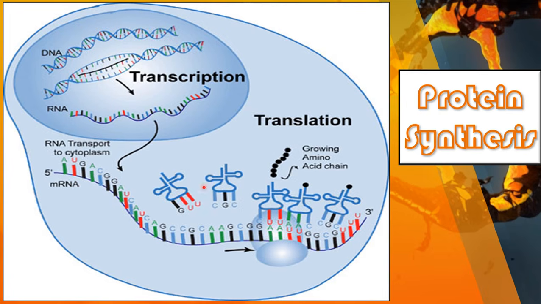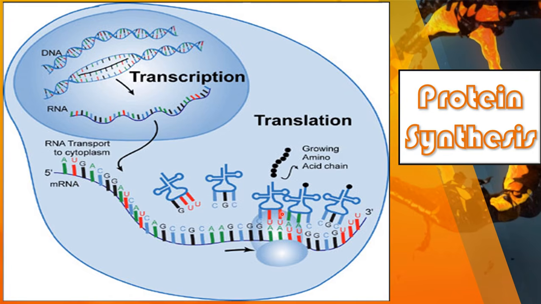Si transfer RNA is automatically attached to the ribosome. Say for instance, ang template na nakalagay sa ating messenger RNA ay GAA. So, guanine always pairs with cytosine. Adenine pairs with uracil.